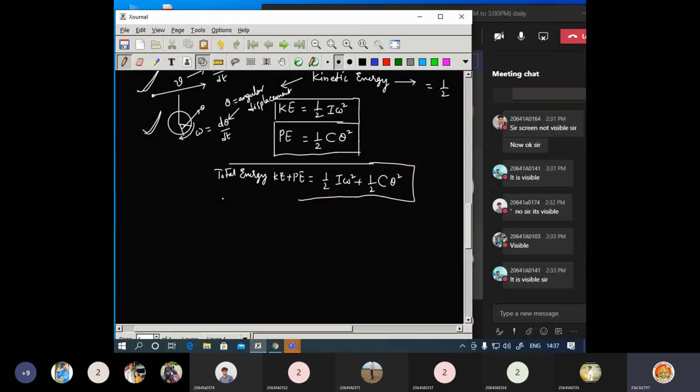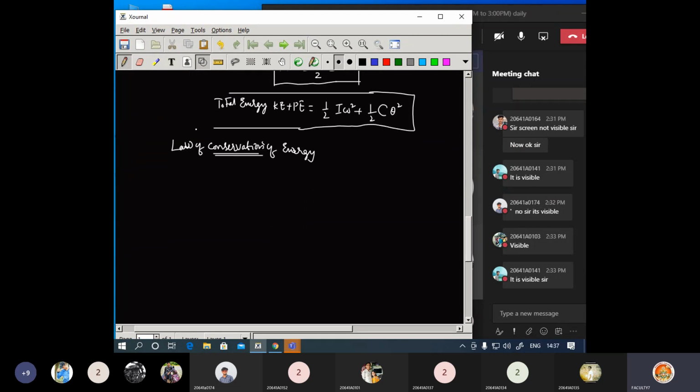Now taking the law of conservation of energy. Conservation means the value will remain constant. So according to the law of conservation of energy, the total energy remains constant.